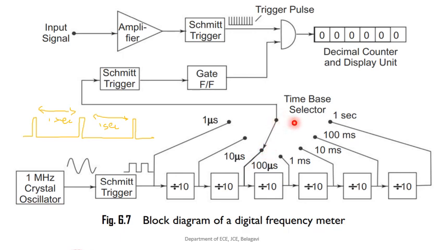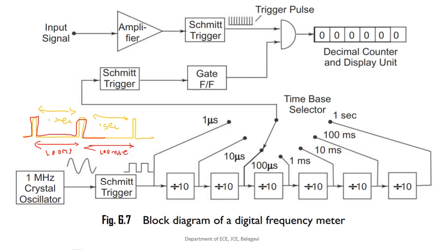If you change it and connect it here, you get a pulse of 1 second, or the duration between two pulses is 1 second. If you change it here, then the duration between two pulses will become 100 millisecond. Same way, this also will become 100 millisecond.